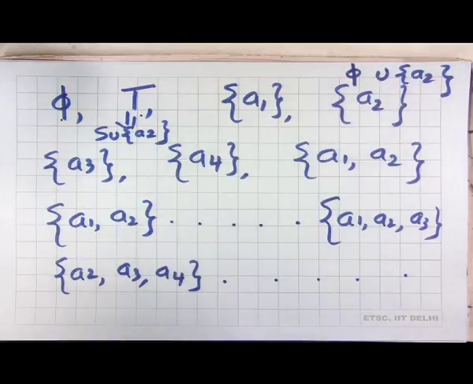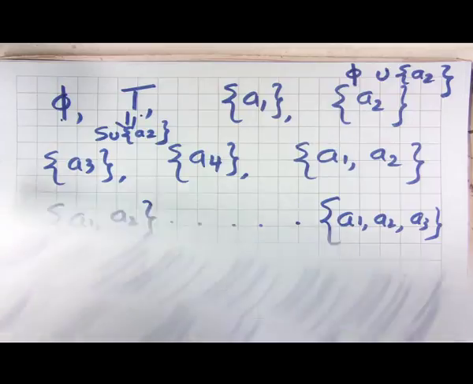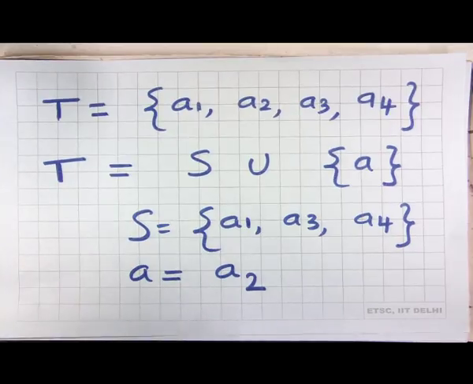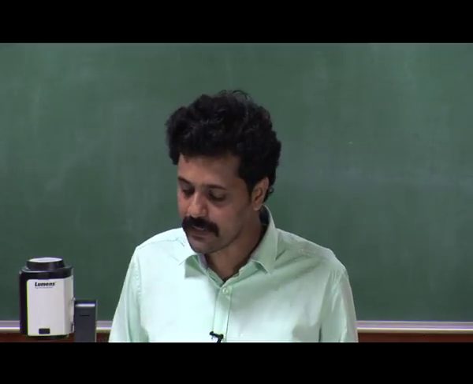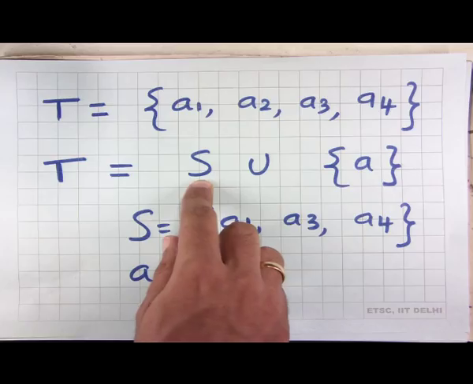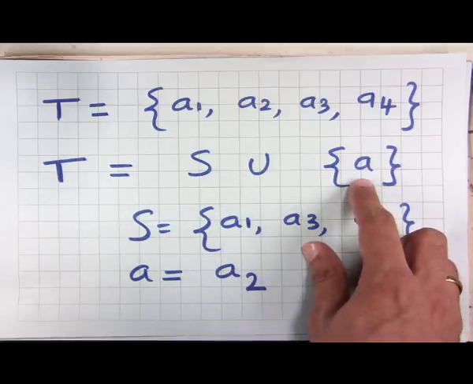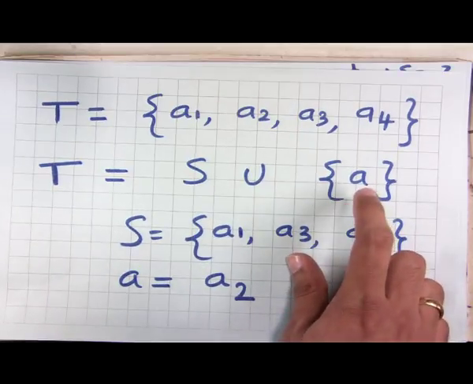Like this, after listing all the subsets of T, you can see that each will be either a subset of S or a subset of S union A2 in this example. So, with this we can see that every subset of T can be listed by listing subsets of S first and then along with each subset augment the element A.